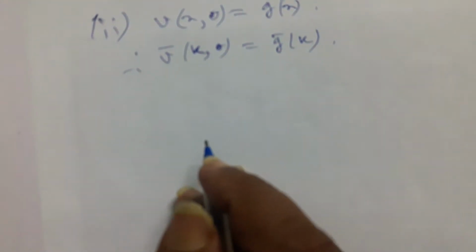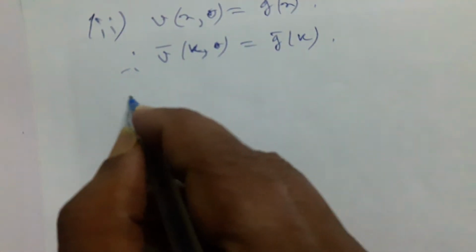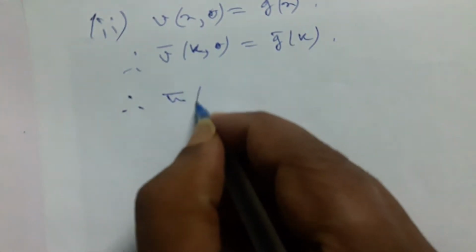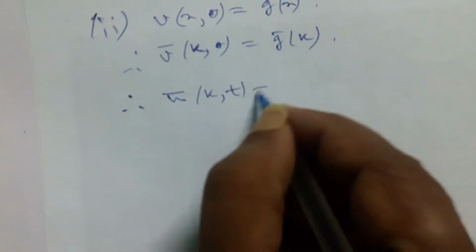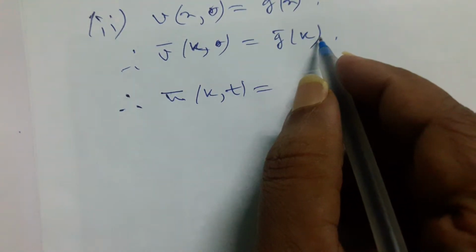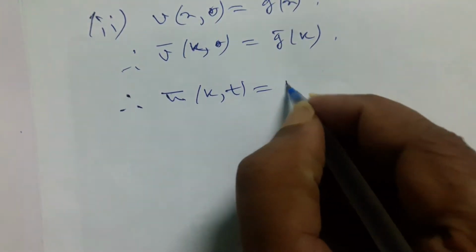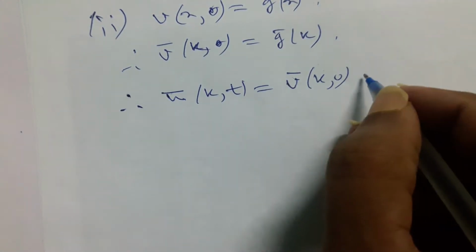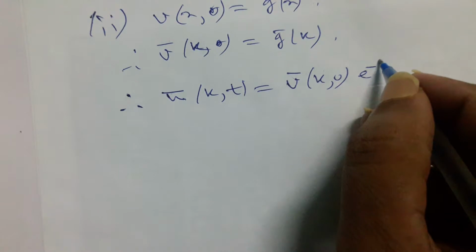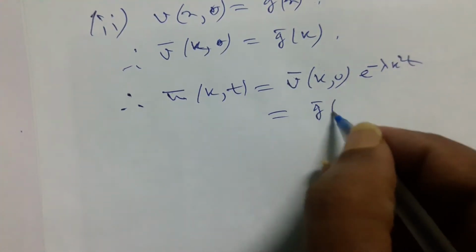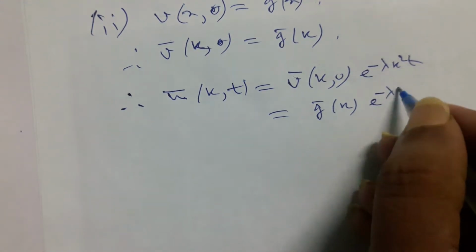It's simple. Therefore U bar of k,t, having some constants, that is A, that will be V bar of k,0 into e to the power minus λ k² t, that will be G bar of k e to the power minus λ k² t.